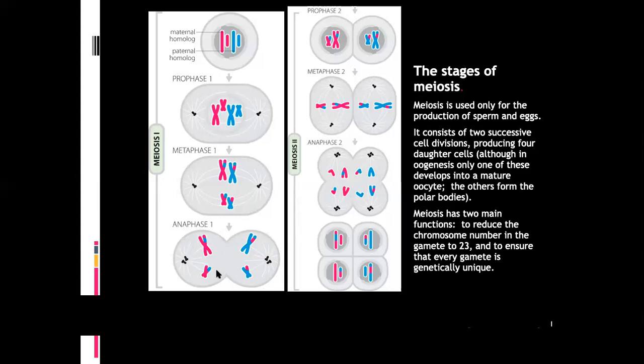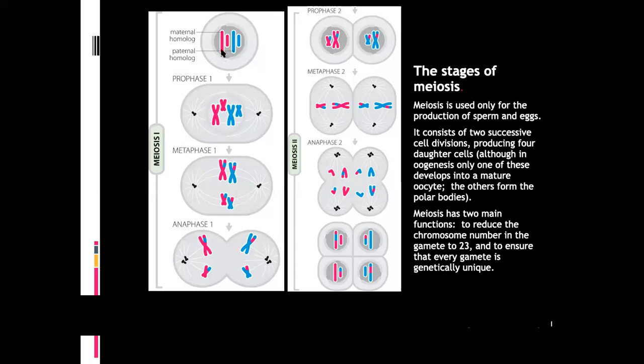Why is it reduction division? The genetic material inside the chromosomes is split. A combination of maternal and paternal genes is present, and the number of chromosomes is splitting into half. So each daughter cell gets only half of what the maternal cell has.